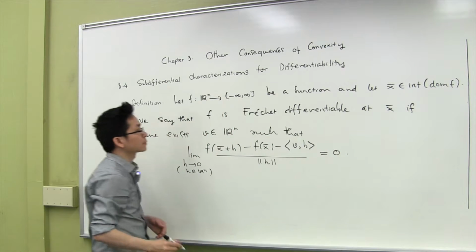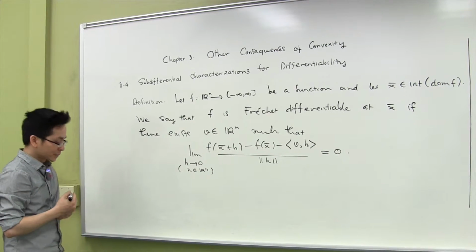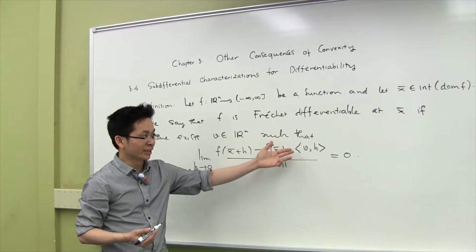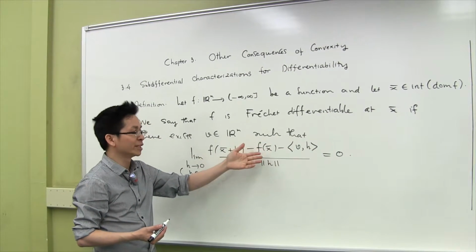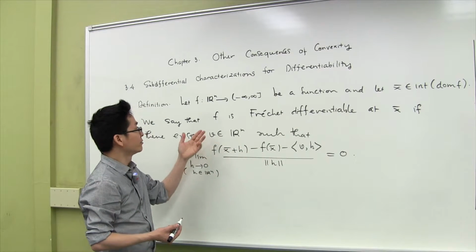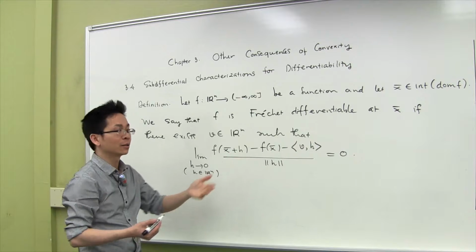And we can also show that the element v that satisfies this definition is unique, and this is called the Fréchet derivative of f at x bar.